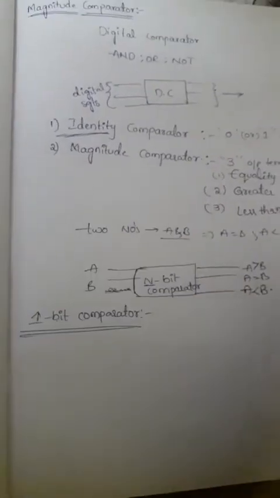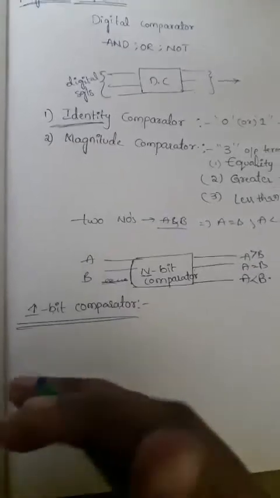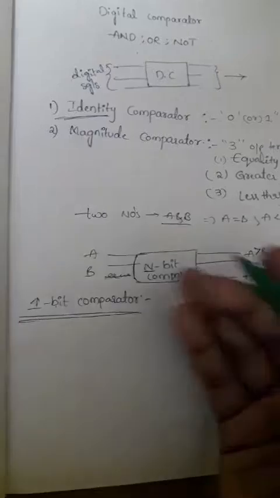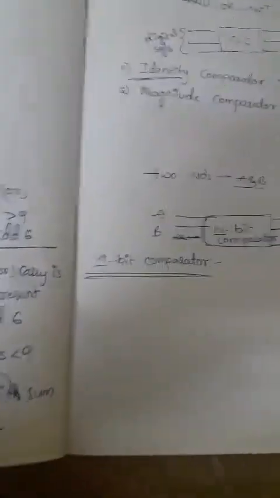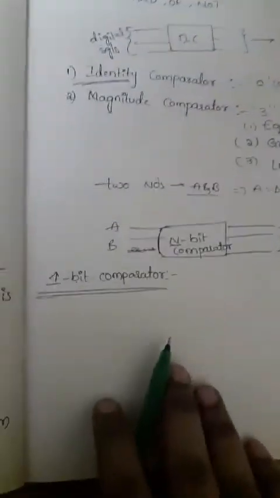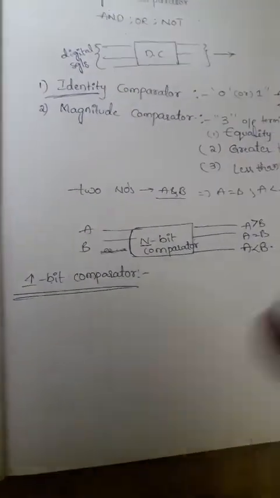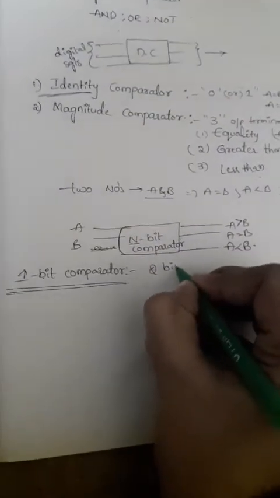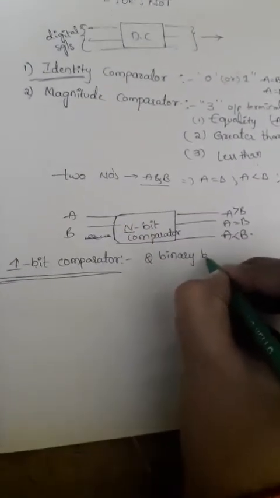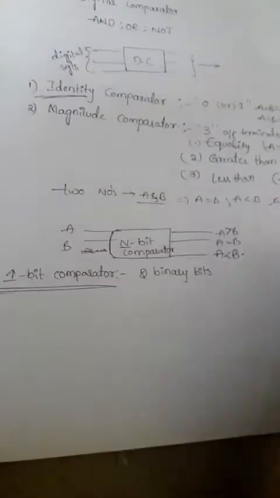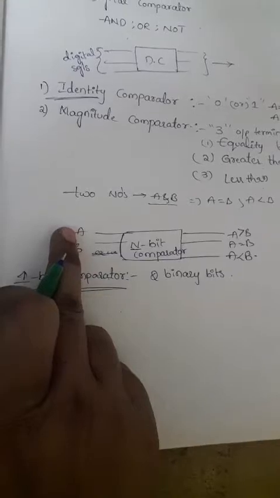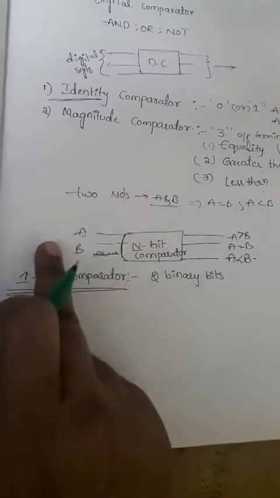We use the same basic steps here to design the 1-bit comparator, or a 2-bit or 4-bit comparator. First of all we need to discuss the 1-bit comparator. This comparator compares two binary bits. Two binary bits means each input consists of a value that is either 0 or 1.